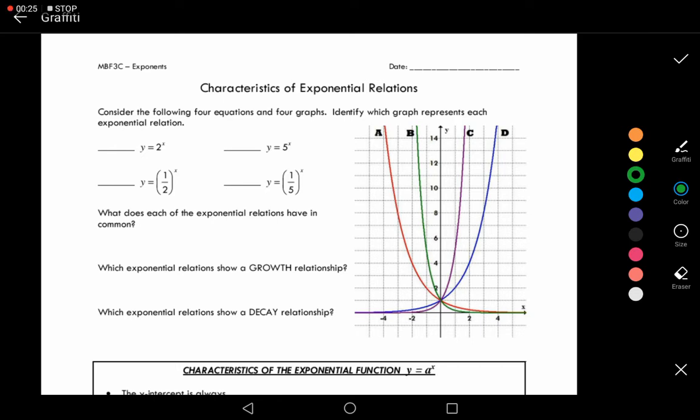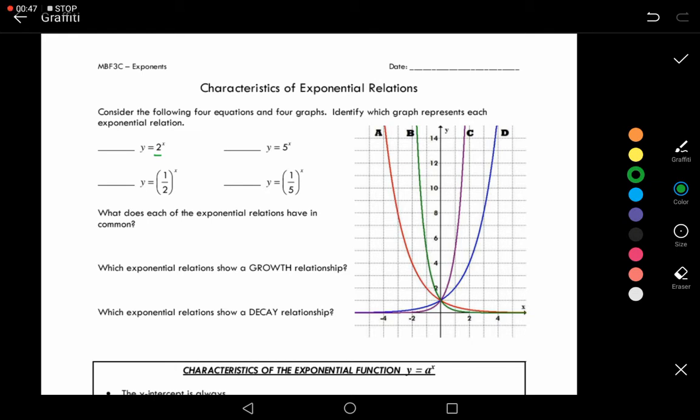So what we're looking at here is that base that is being raised to the power of x. You'll remember from our last lesson that we talked about a positive increasing function and a negative decreasing function.